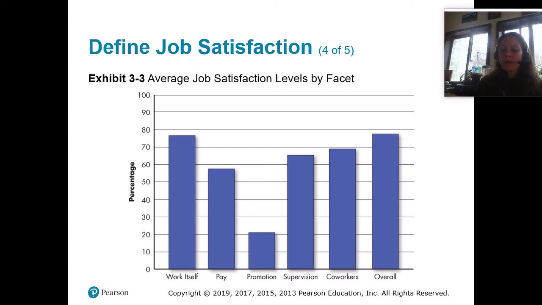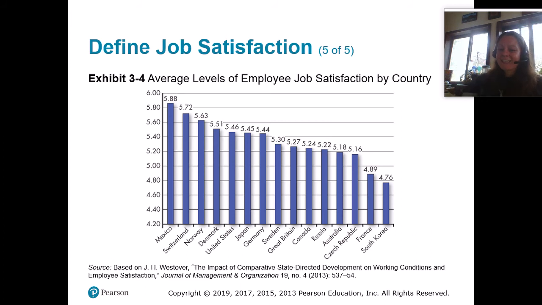And we know that money is a huge motivator, but it's interesting to note with this graph that the actual monetary reward is not the main motivator for why people are happy with their jobs. It really has to do with the type of job you're doing and the people you're doing it with. So if you like the work and you like the people you're doing it with, then you're generally going to be more satisfied with your work.